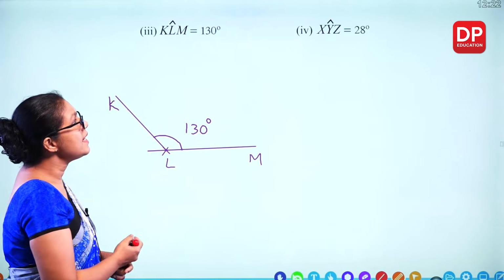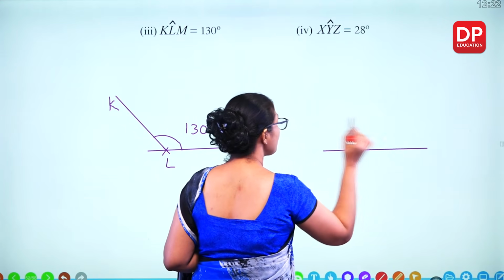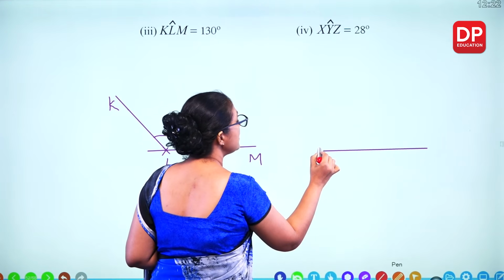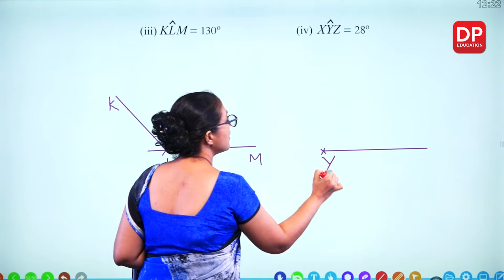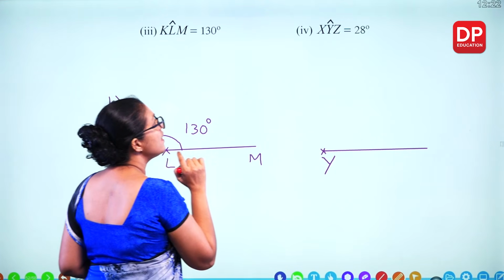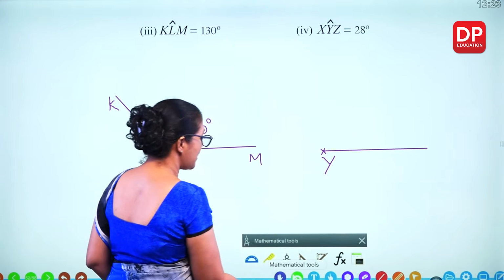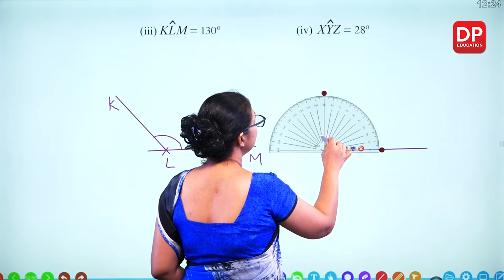XYZ 28 degrees. So take the ruler, draw a line, and we'll mark this point. Not L, Y. Mark the point Y, and then XYZ is 28. Take the protractor, measure 28 degrees.